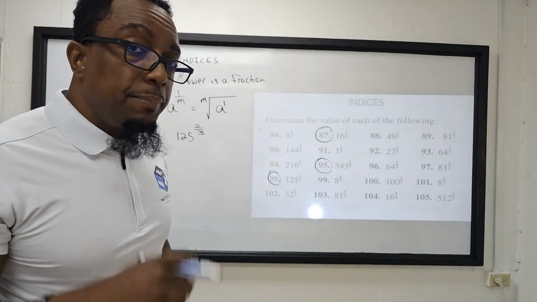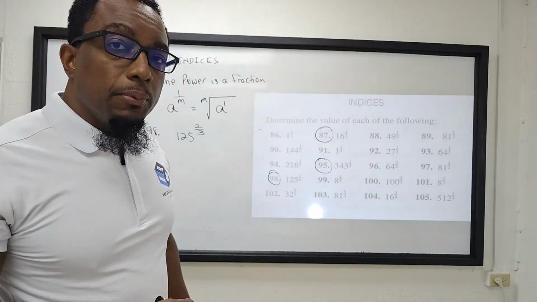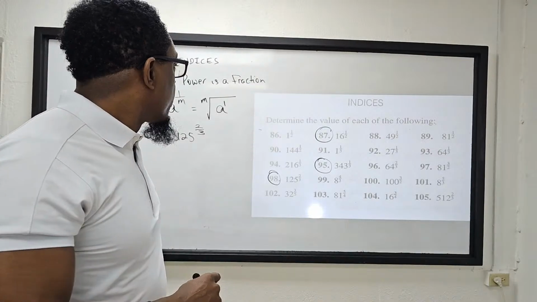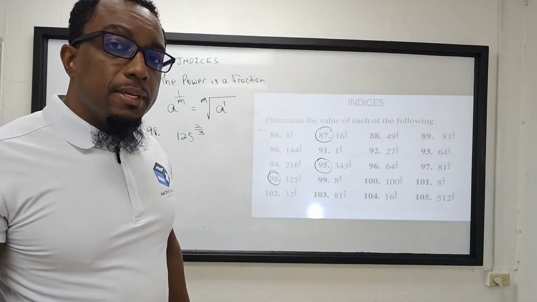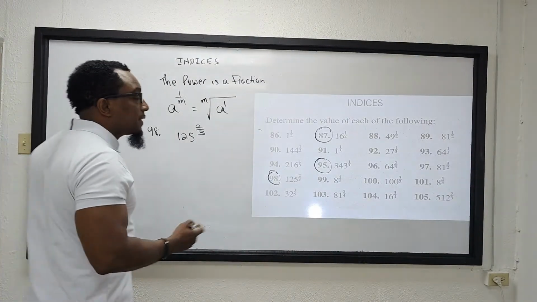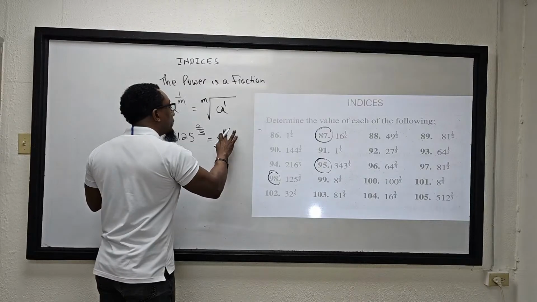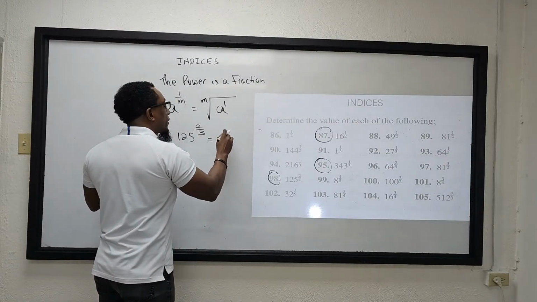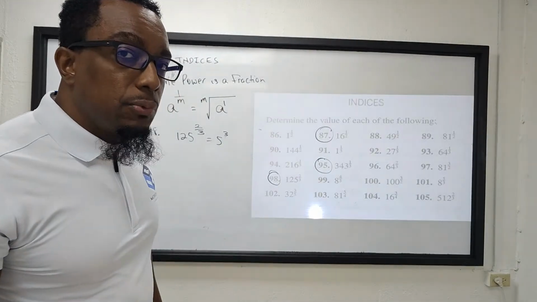We got 25 previously when we used the cube root symbol. So let's see how we are going to get the same result by using this other approach. We can express 125 as a base and power. 125 is the same as 5 cubed. Multiply 5 by itself 3 times, you're going to get 125.